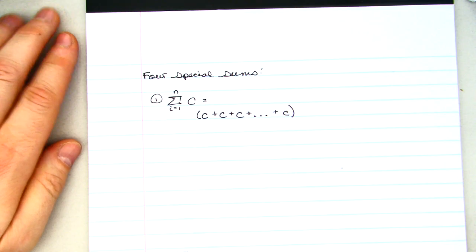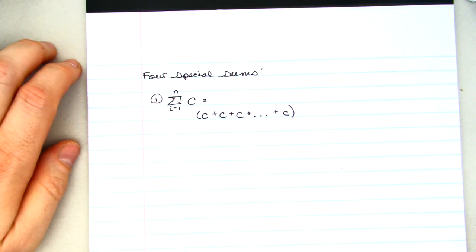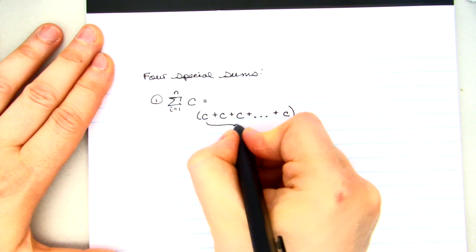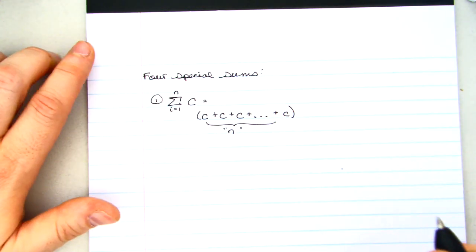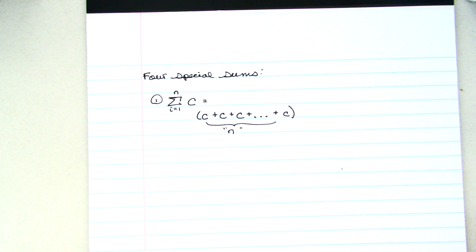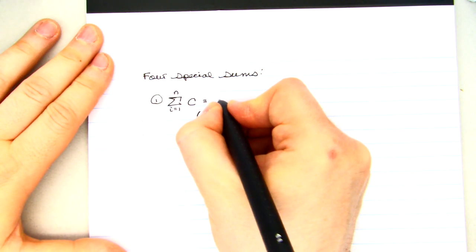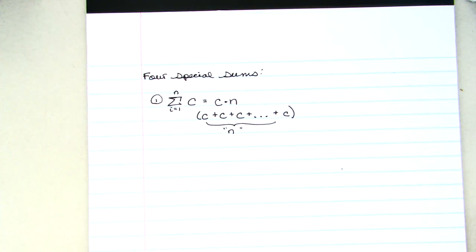How many of those constants do you have? n. This is sort of like that problem where I had you do the sum as i goes from 1 to 5 of like 4 or something like that, where you did 4 plus 4 plus. What is this sum? n times c. I'm going to switch the order, doesn't really matter. c times n.